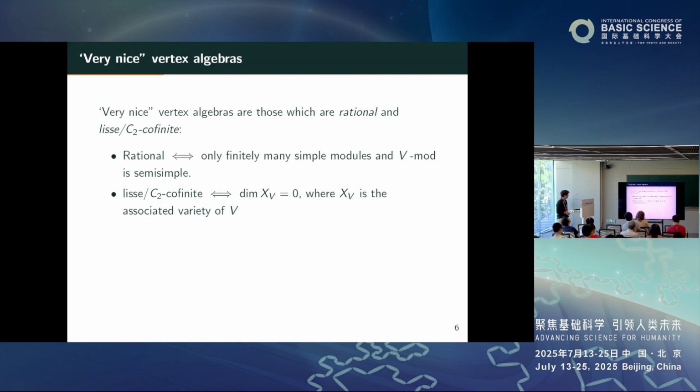And the lisse condition, or C2-finite condition, was introduced by Zhu. You can associate a certain finite dimensional Poisson variety to any vertex algebra, and the condition says that this variety has to have dimension 0. So typically this means that the variety is just a point.